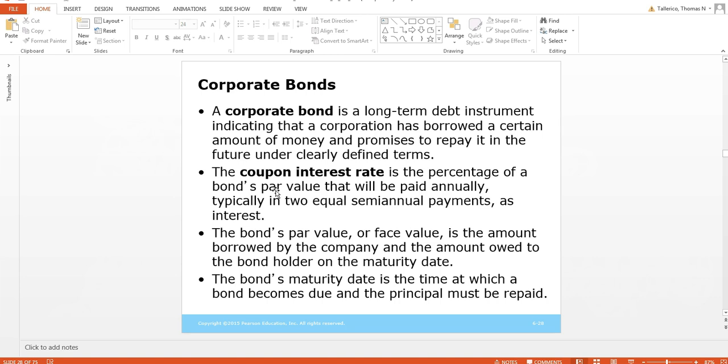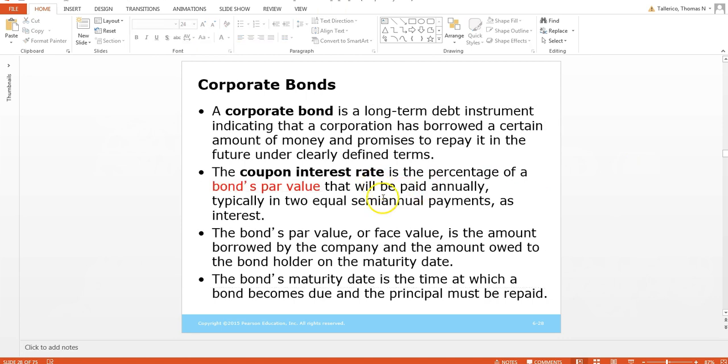Okay, so a corporate bond is a long-term debt instrument, right? You're loaning the company your money. You can't vote. You're just loaning them the money, and they're going to give you a coupon, let's say every 6 months. And by definition, we should know this very carefully. Please, when you watch this, the bond's par value is typically $1,000.